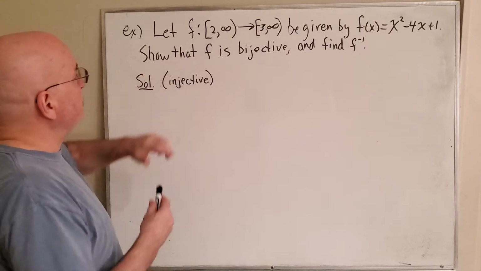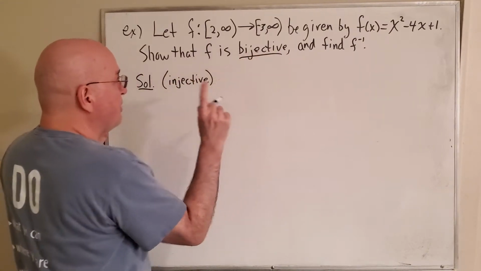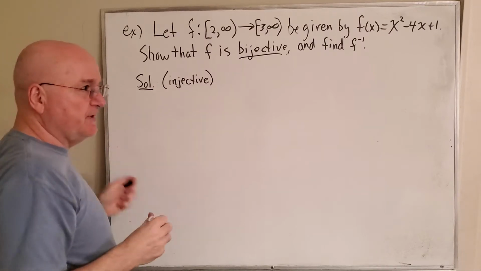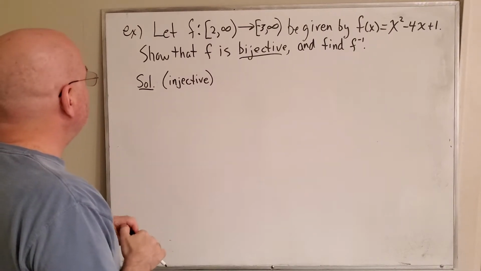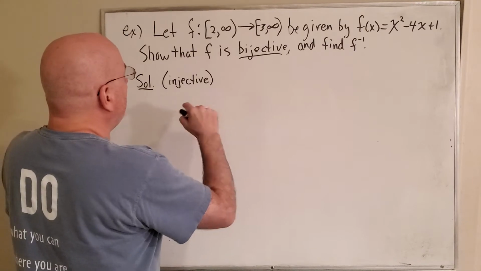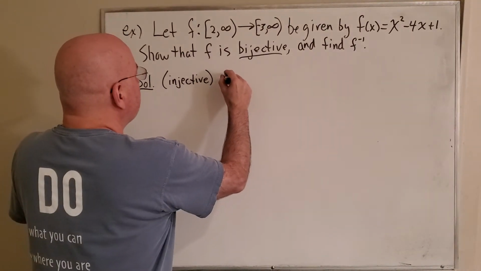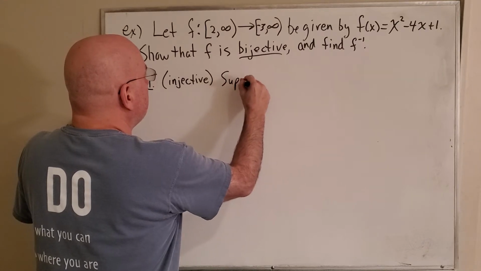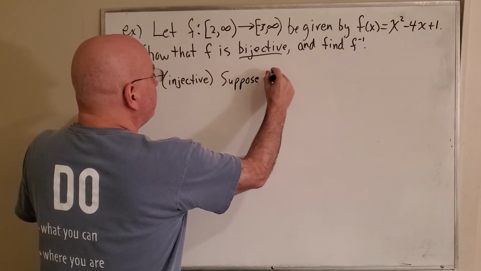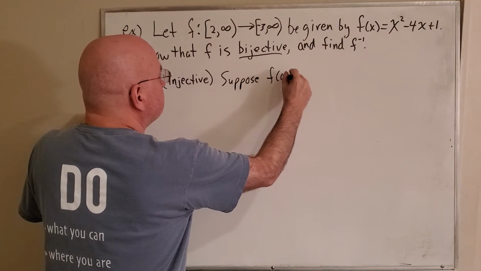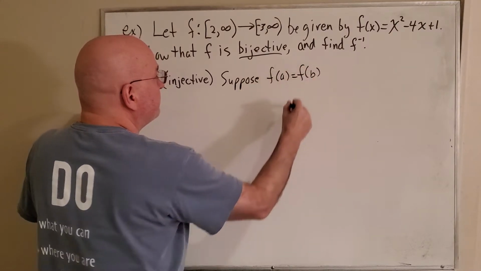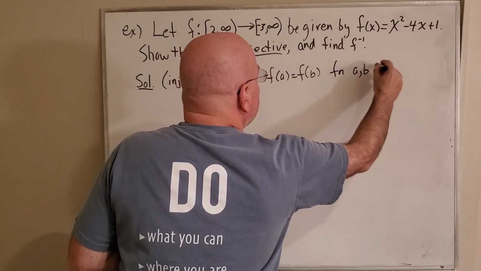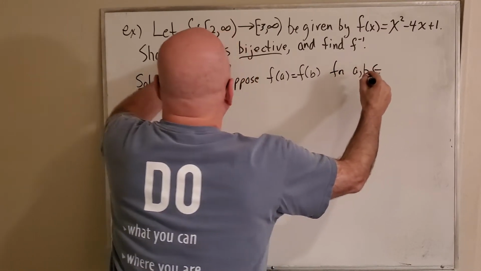Okay, so we need to show bijective. So part of that means we're going to show it's injective, 1 to 1, and then we'll show that it's surjective. So injective, so we want to show it's 1 to 1, so we're going to say, suppose f of A is equal to f of B for A and B in the domain.